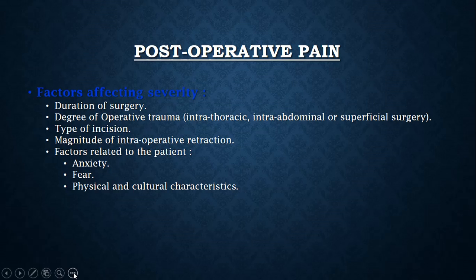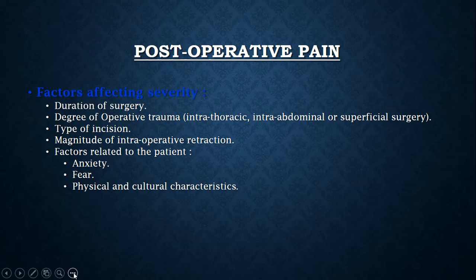Now we'll talk about postoperative pain. That's one of the important factors in the postoperative period. The factors affecting severity of pain depend upon the duration of surgery, degree of operative trauma, like intrathoracic, intra-abdominal, or just superficial surgery.